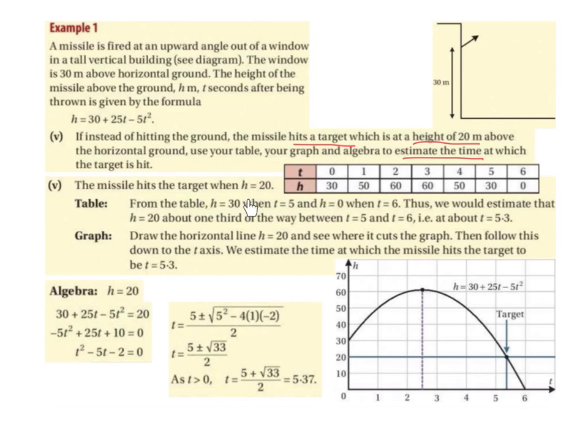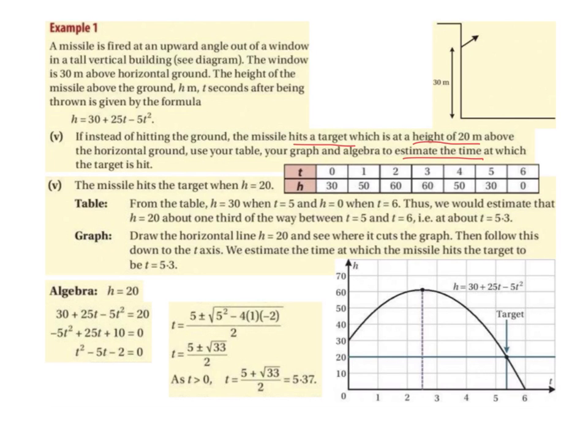From the table, h is equal to 30 when t is equal to 5, and h is equal to 0 when t is equal to 6. Thus, we would estimate that h is equal to 20 about 1/3 of the way between t equals 5 and t equals 6, i.e. at around t equals 5.3.